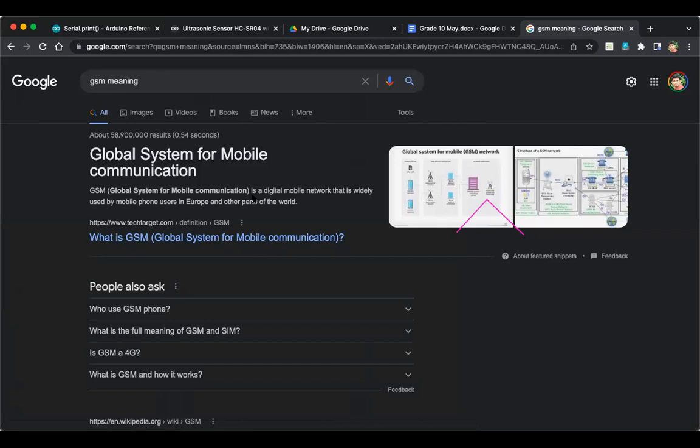GSM is global system for mobile communication.